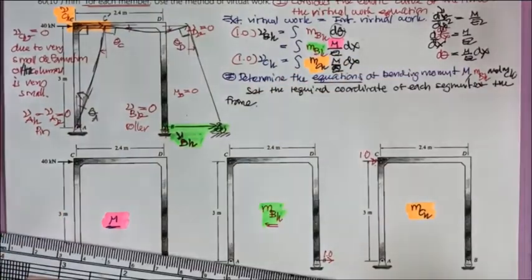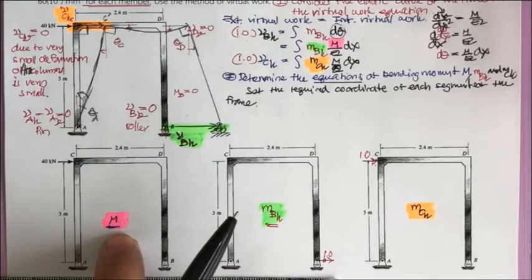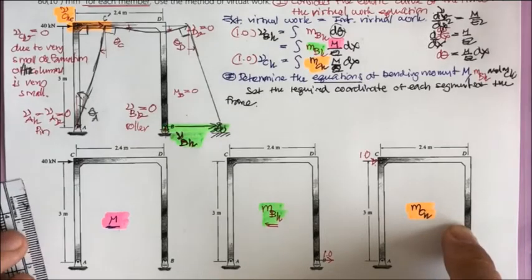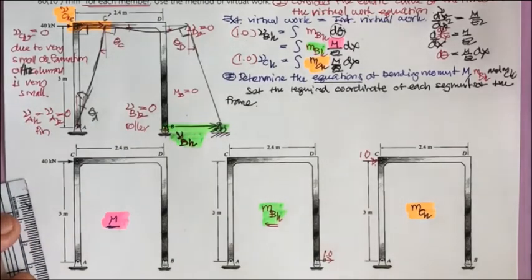We go the same way as when we determine this M, so all of the coordinates are going to be the same.